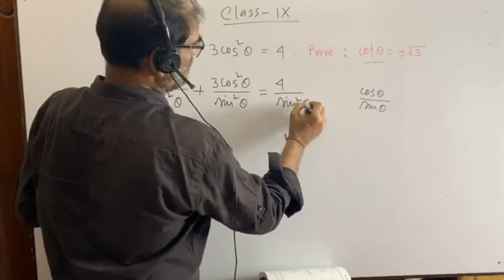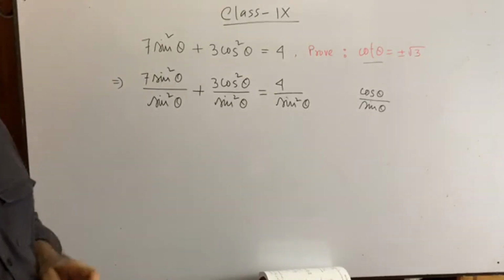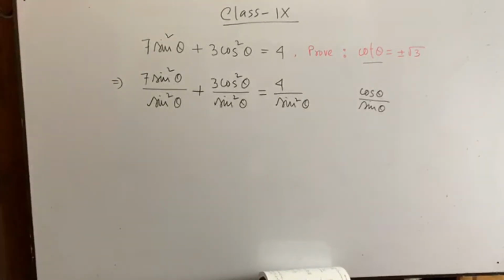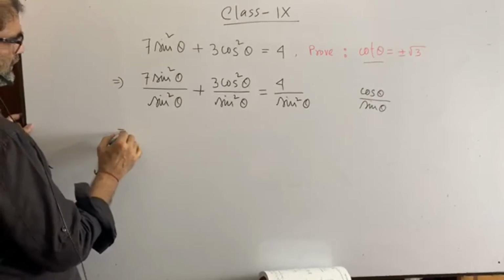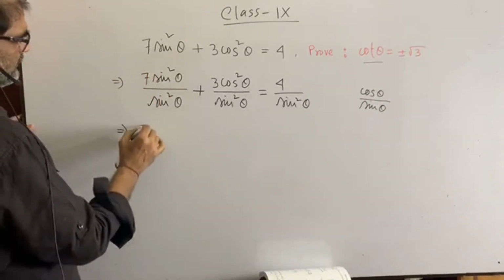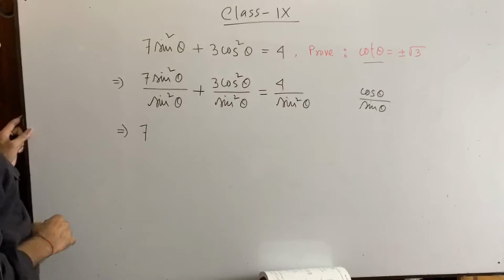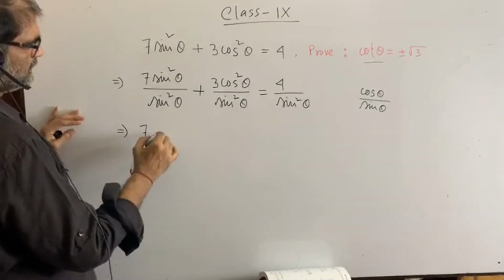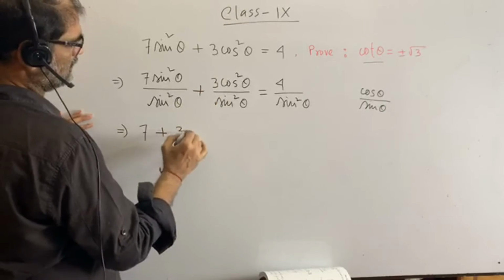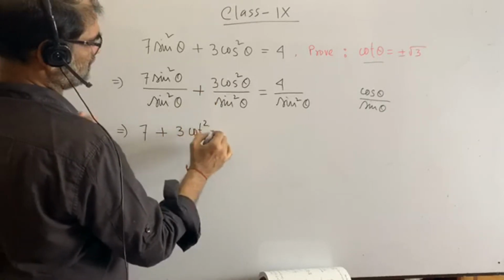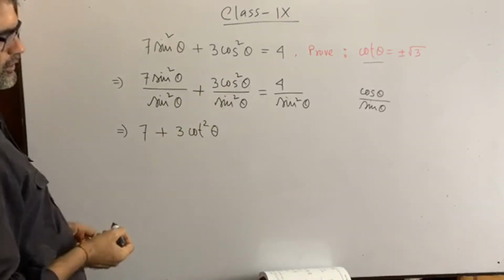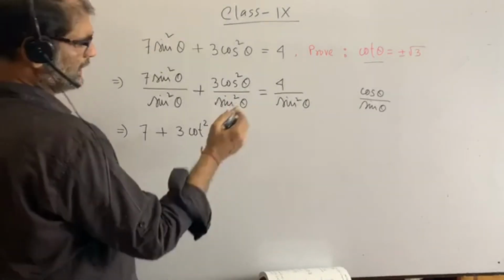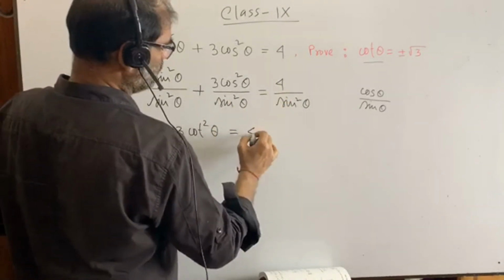Dividing both the sides by sine square theta, here we are getting only 7. Here we are getting 3 cot square theta, cos square by sine square equals cot square.